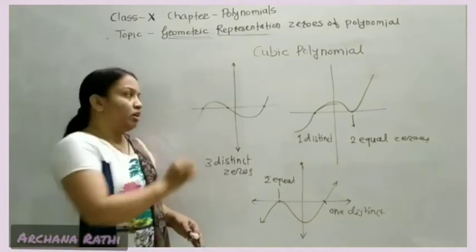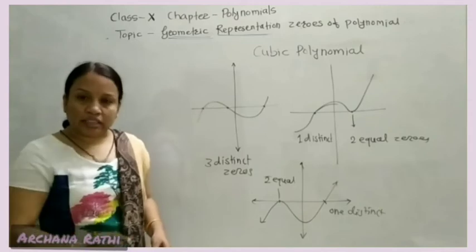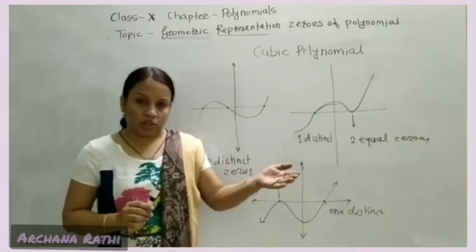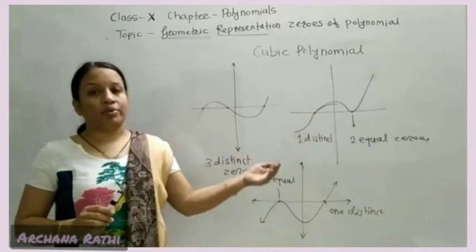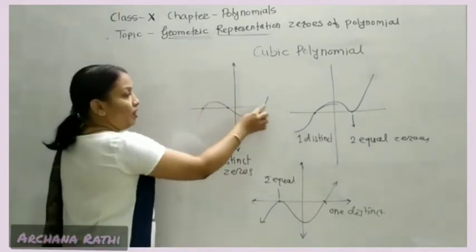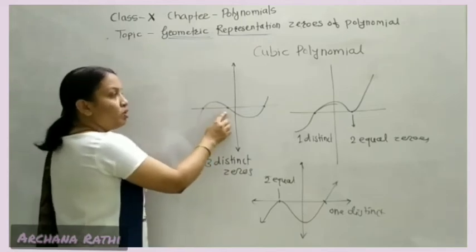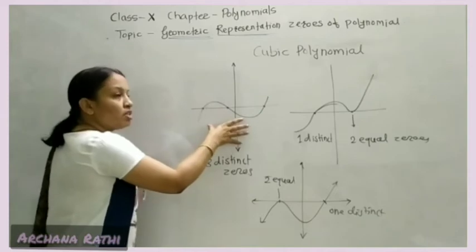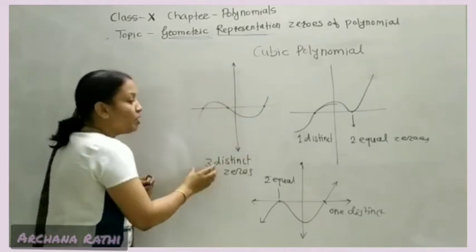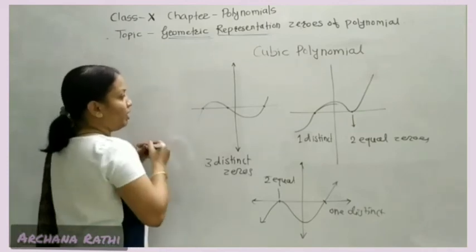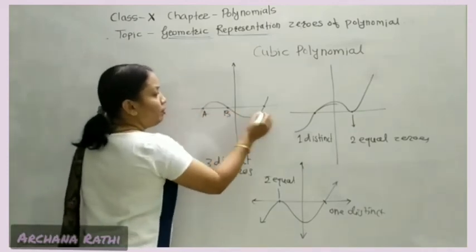Only keep in mind: as many places as it intersects the x-axis, that many zeros there are, and according to the number of zeros we can also tell the type of the polynomial. Now as this graph intersects at 1, 2 and 3, all three distinct points, this is a cubic polynomial having three distinct zeros, the x coordinates of these points A, B and C.